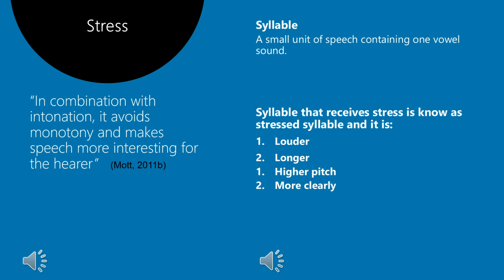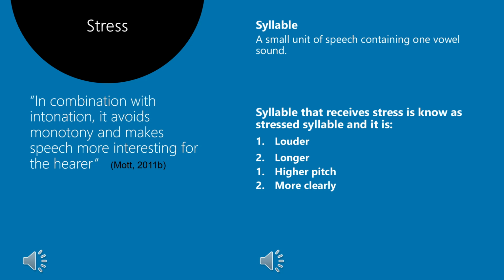But before moving on, we can say then that stress is highly related to syllables. Hence, we need to identify the meaning of syllable. A syllable is a small unit of speech that contains one vowel sound. Now, it is important to say that within a word, only one syllable is stressed.